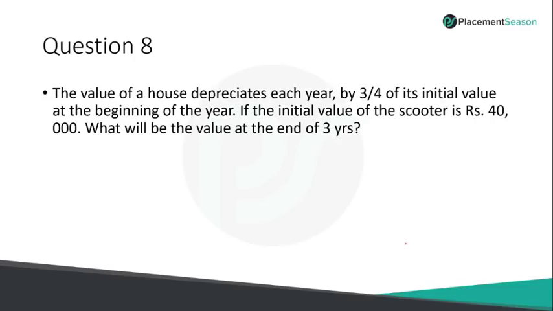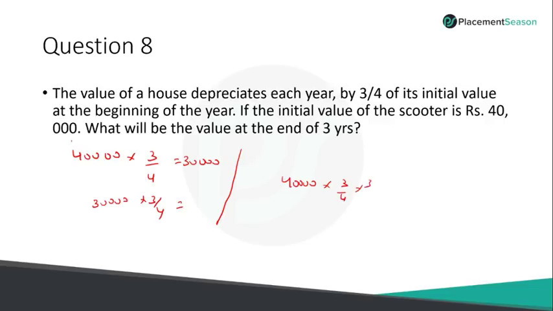Problem number 8. The value of a house depreciates every year by 3/4 of its initial value at the beginning of the year. If the initial value of the scooter is 40,000, at the end of the year, the first year it reduces to 30,000, then again 30,000 into 3 by 4, and so on. Using this method, you can use the direct method: original value 40,000 into 3 by 4 the first year, second year again 3 by 4, and third year 3 by 4.